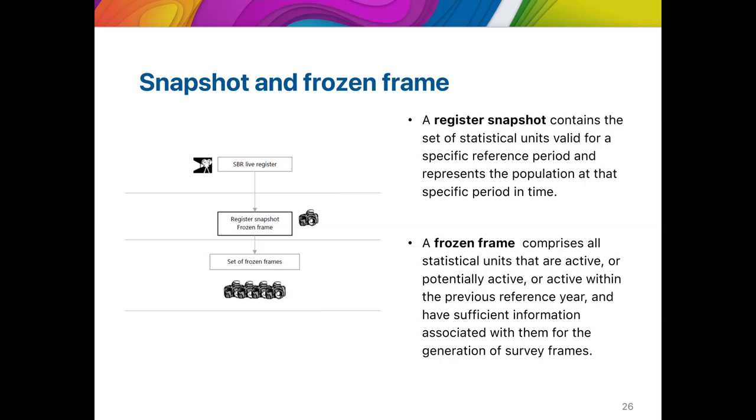SBR can and should produce register snapshots and frozen frames. When an SBR can produce sets of frozen frames at various reference periods, they constitute a historical register, which allows statisticians to reconstruct the history of these units contained within.